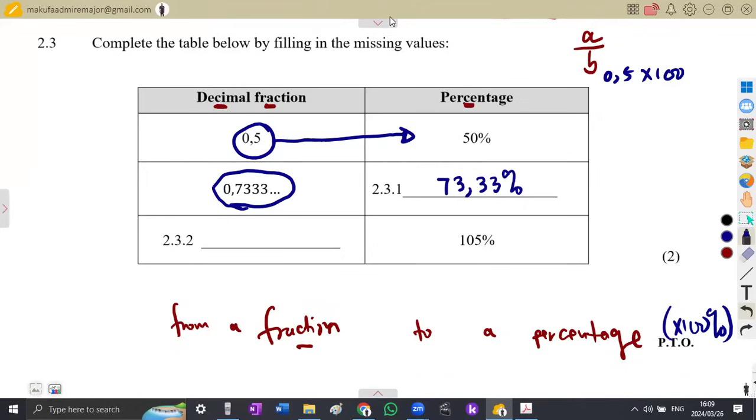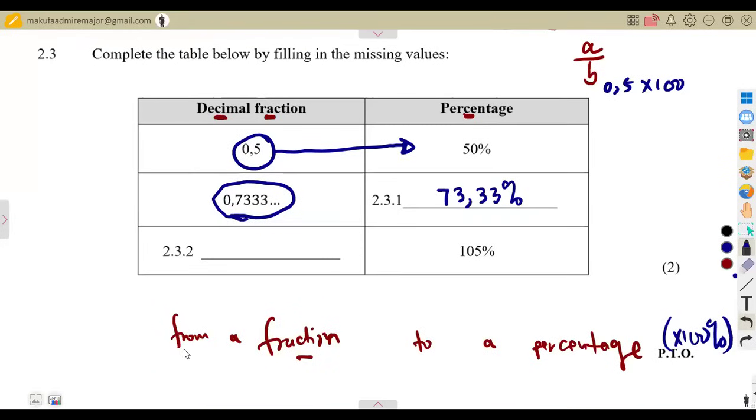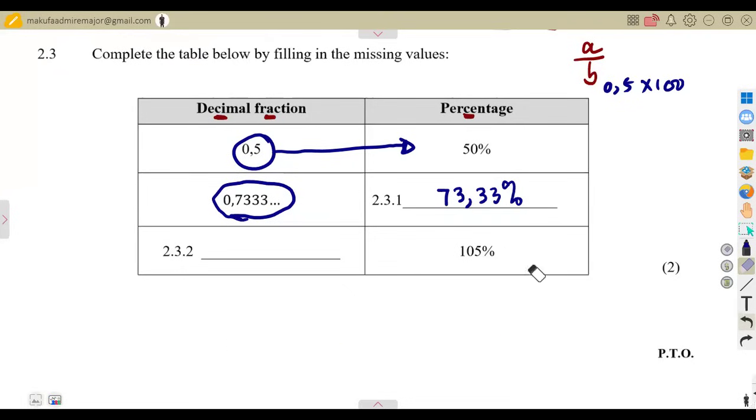So this is the conversion to a percentage. Just multiply by 100%. After multiplying by 100%, you can either move 2 decimal places to the right, or just use a calculator to do that. Just 1 mark for that.